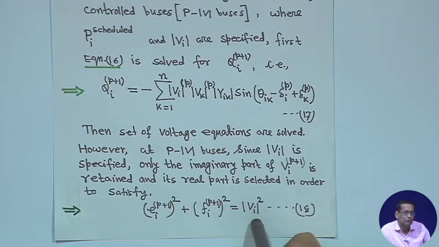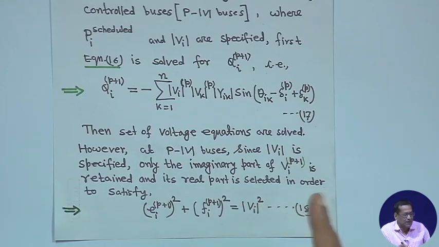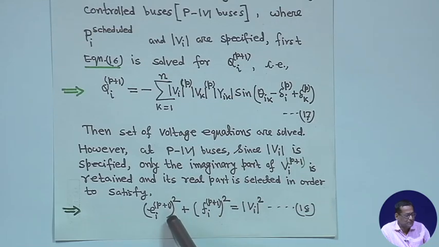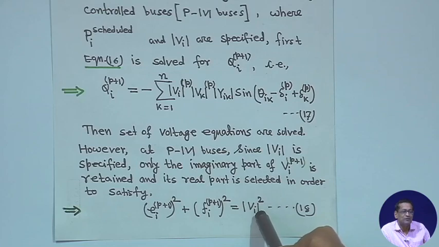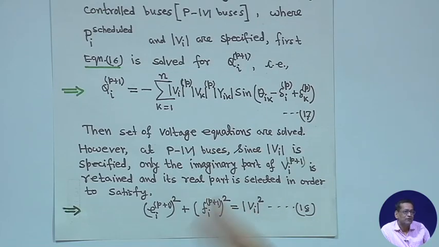So after getting V2, the imaginary part will be retained, and the new value of the real part will be computed, such that the voltage magnitude remains constant. This is the way we will follow.